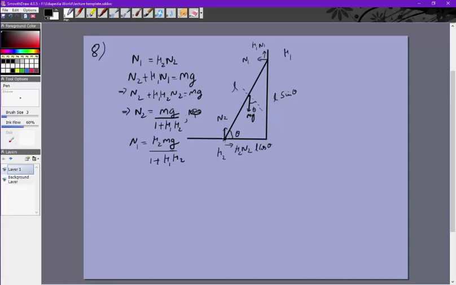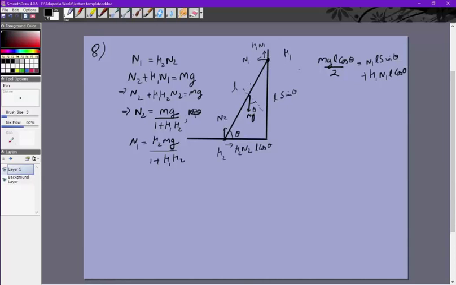So the torque about this point of mg will be mg L cos theta by 2, and it is in the clockwise direction, and that will be equal to the sum of these two torques which are in the anti-clockwise direction. So N1 L sine theta plus mu1 N1 L cos theta.